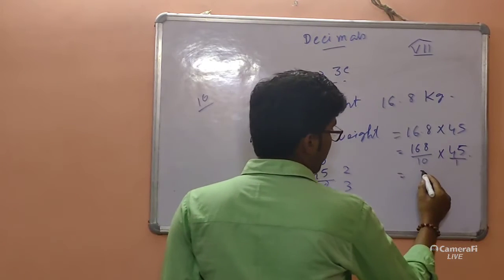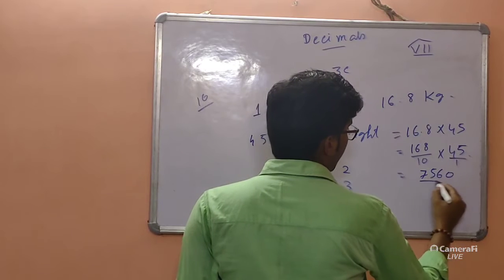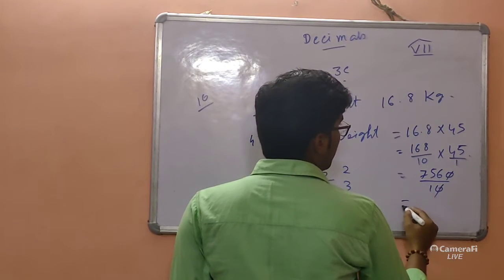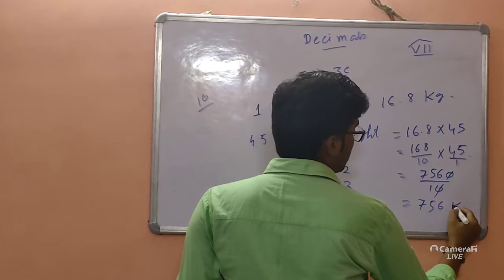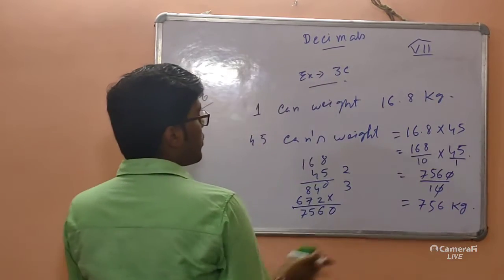So what do we have here? The 0 and 0 cut down, that means 756 kg. So that's your answer.